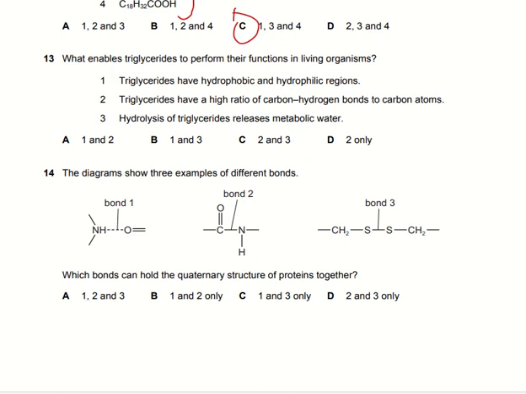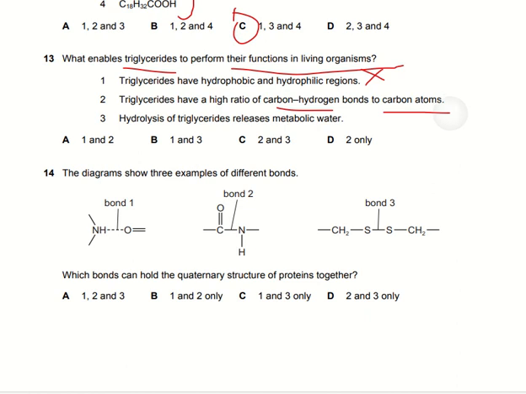What enables triglycerides to perform their function in living organisms? Triglycerides have hydrophobic and hydrophilic regions. Yes, but they are mostly required in the cell membranes, not in all spaces. Triglycerides have a high ratio of carbon-hydrogen bonds to carbon atoms.